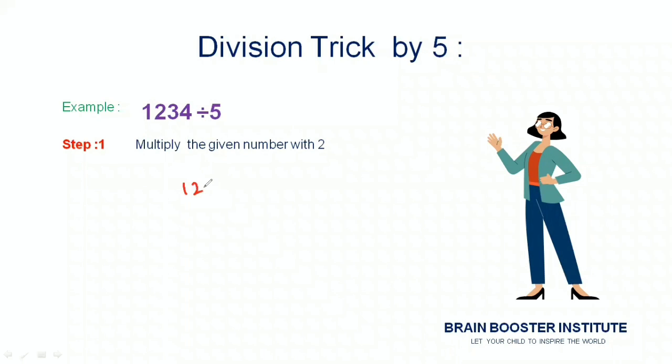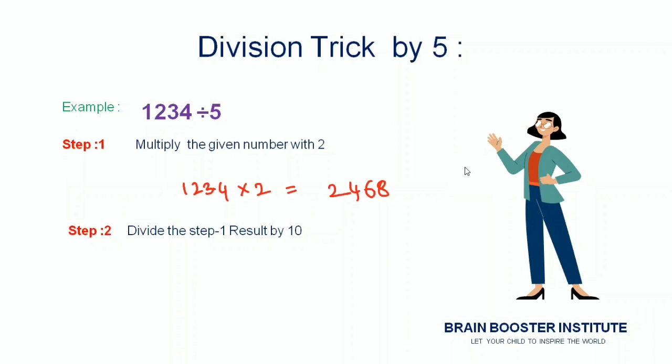So 1234 times 2: 2 fours are 8, 2 threes are 6, 2 twos are 4 and 2 ones are 2. So by multiplying 1234 by 2, we got 2468. Now let us take step 2, my friends. Divide the step 1 result by 10.